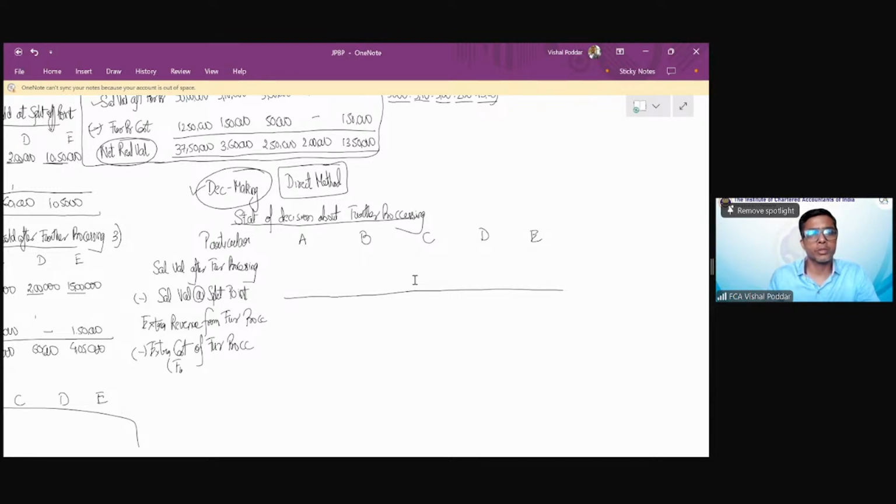This extra cost is the further processing cost. Now, when I reduce this further processing cost, what I get is the extra benefit from further processing.